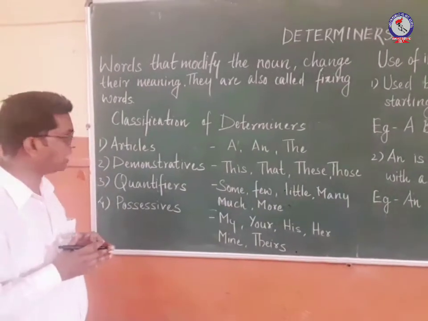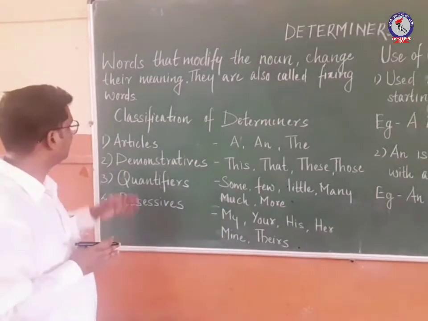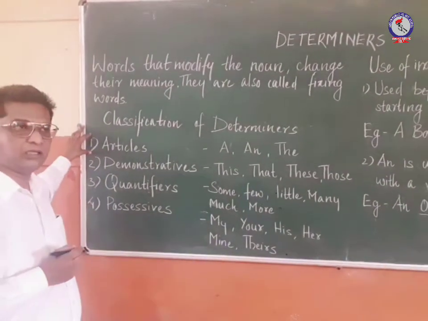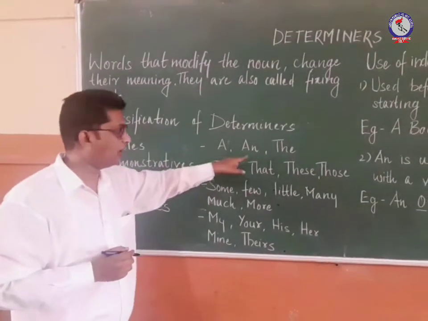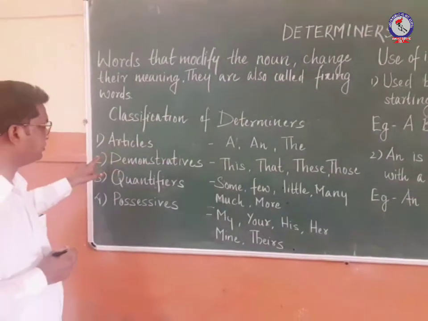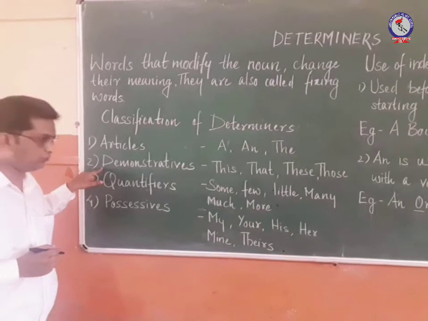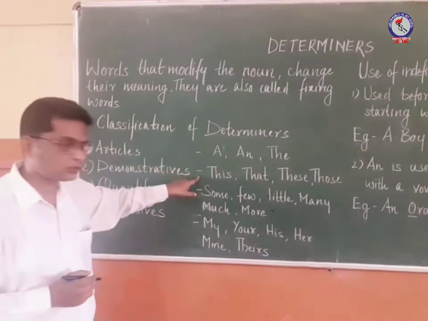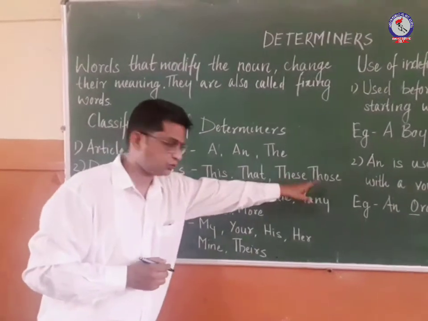So there are 4 types of determiners. We will see one by one. Articles. In articles we have a and the. The second type of determiners are demonstratives, in which we have this, that, these, those.